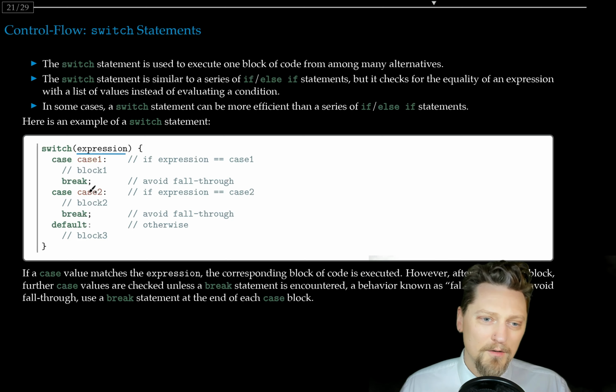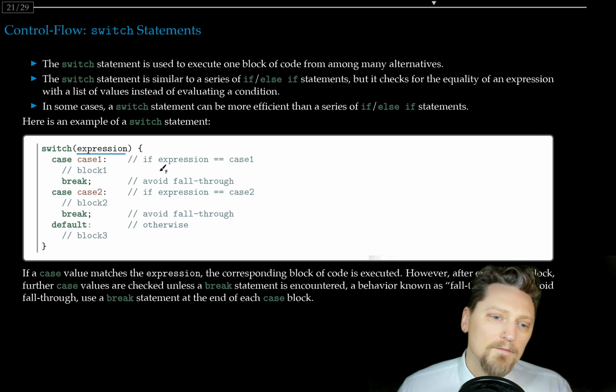Case 2 is a different expression that is going to be compared to expression. And finally, we have default. So if none of these cases match expression, we'll execute the default. Default is optional. You don't have to use default.